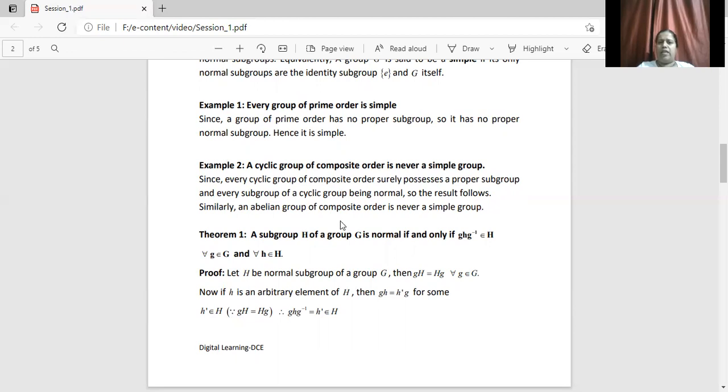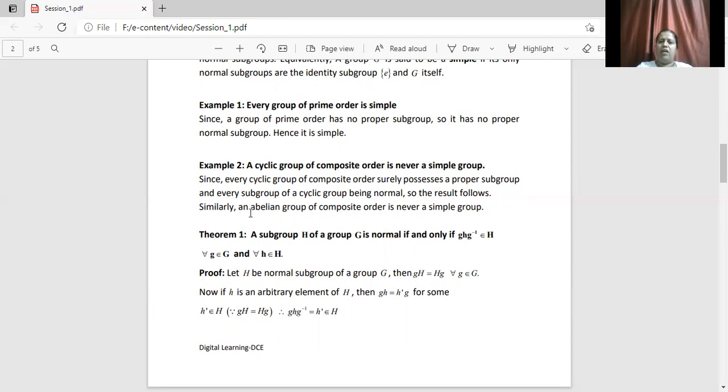It will have improper as well as proper subgroups. Hence, a cyclic group of composite order is never a simple group.